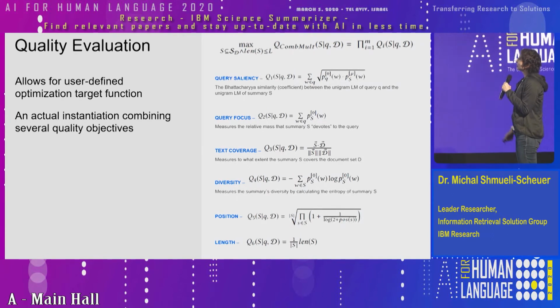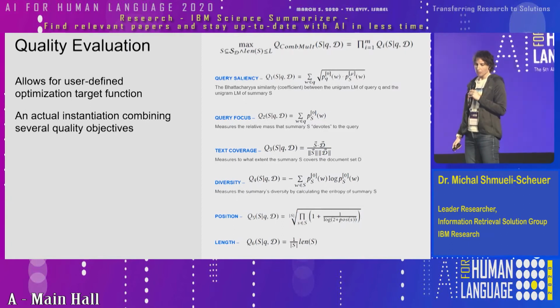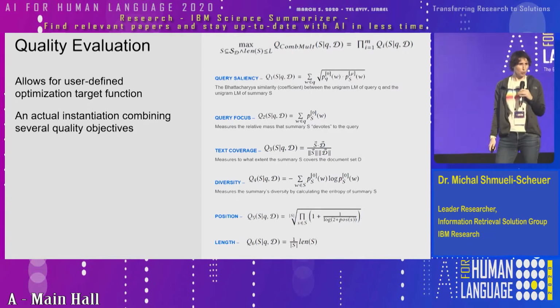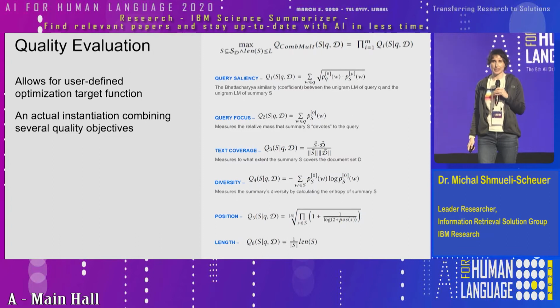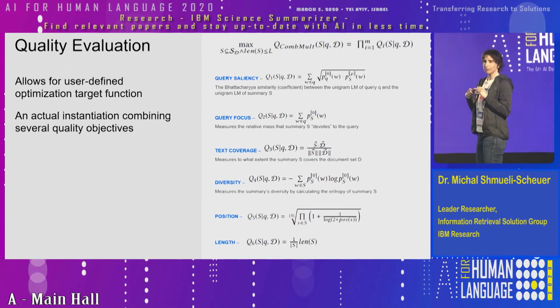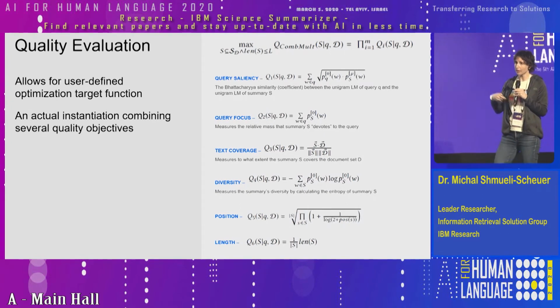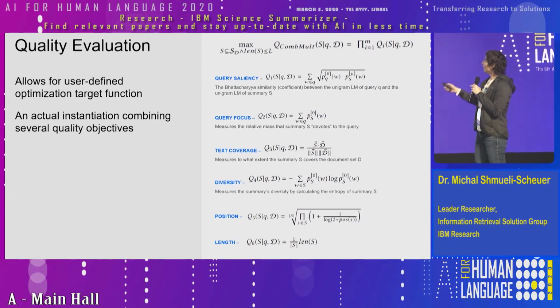The first one is query saliency, which looks at different similarity measures between the language model of the query and the language model of the summary. Text coverage looks at how well the summary covers the document. There is no query here, so it measures how well the summary that we generate covers the document.